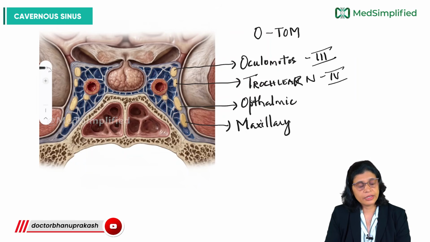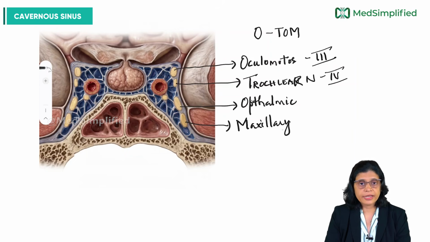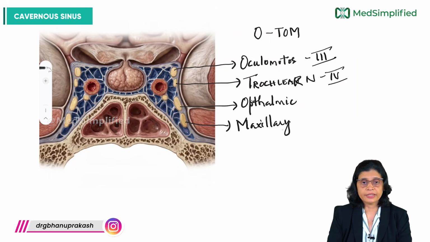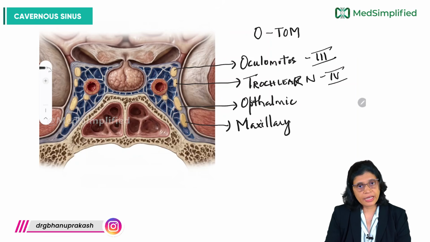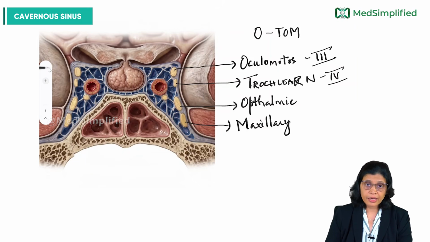Lacrimal and frontal leave through the lateral part of the superior orbital fissure, whereas the nasociliary passes through the tendinous ring, between the two divisions of the oculomotor. The maxillary leaves the sinus by passing through the foramen rotundum. So these are the contents of the cavernous sinus.